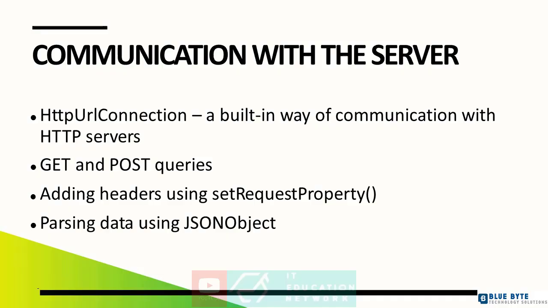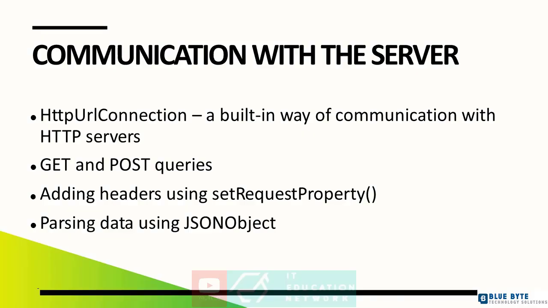This means that it involves a lot of code, which is too much hassle. There are libraries which make it possible to facilitate this process, but we won't deal with them because they are beyond the scope of this course. We will focus on HTTP URL connection and how to use it.